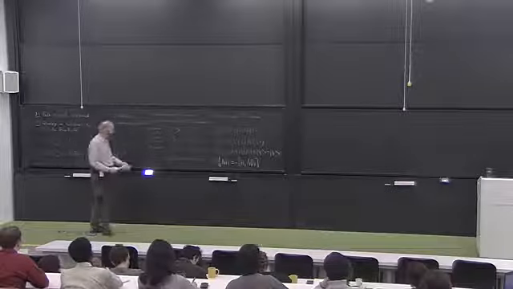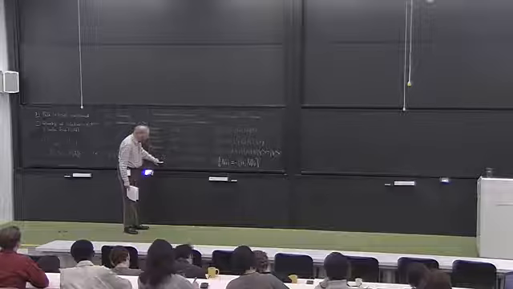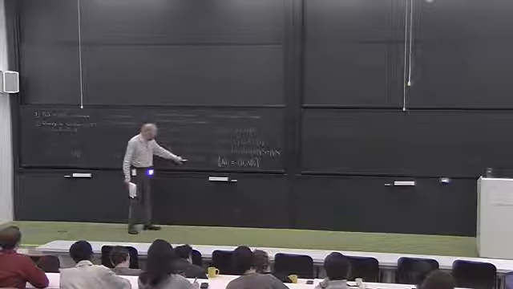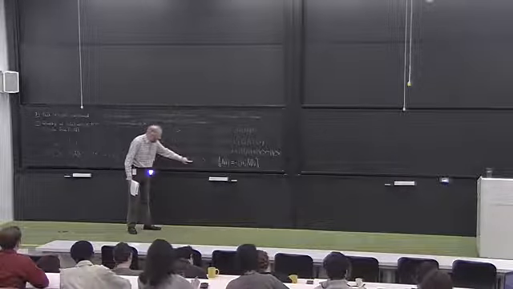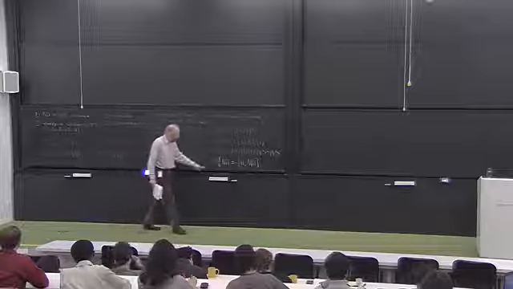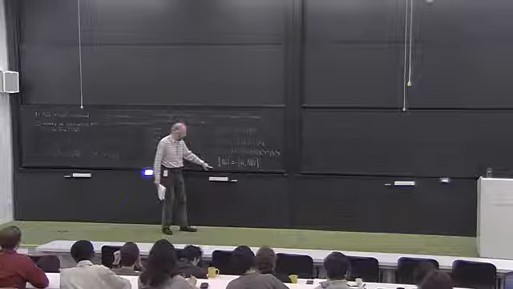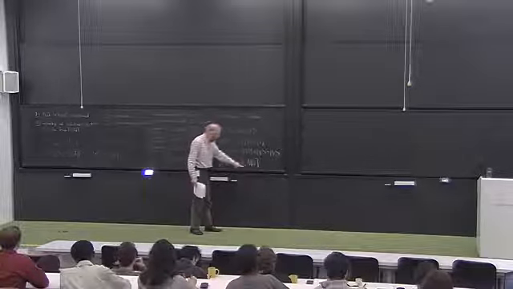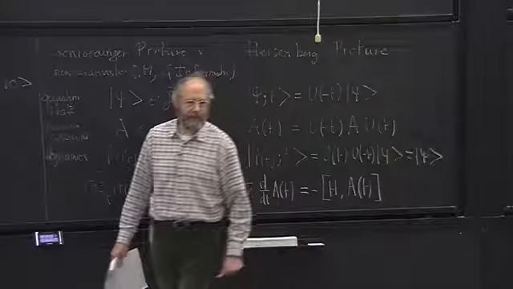So instead of having a linear evolution equation involving an operator applied on the vector state, you have a similar evolution equation involving the commutator of the Hamiltonian with the operator.